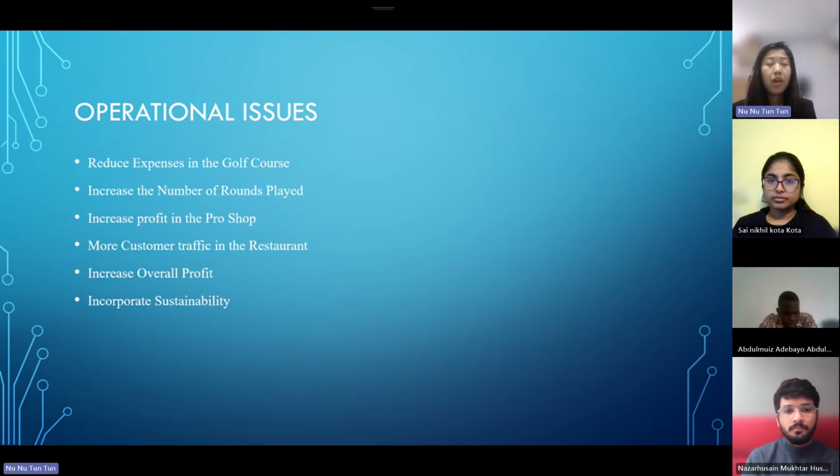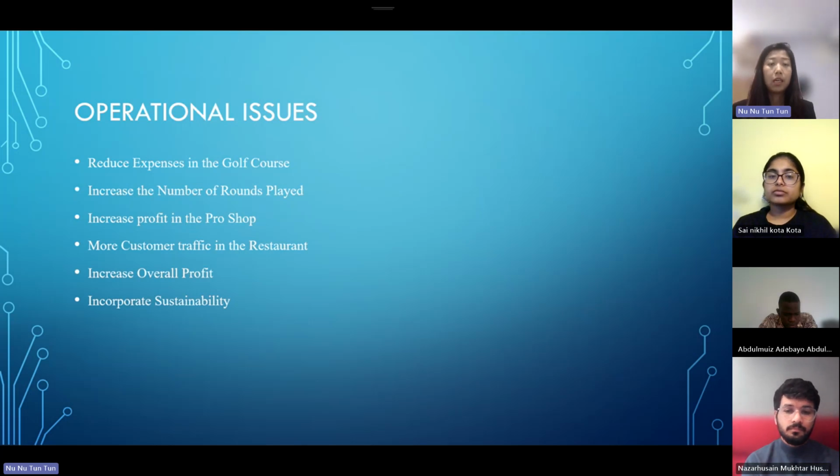Another case is that we have difficulty increasing the number of round plays, especially on the 9-hole course, because it is not meeting customer expectations. So we tried to incorporate marketing strategies and also integrate other sustainability practices to try to increase the number of round plays.